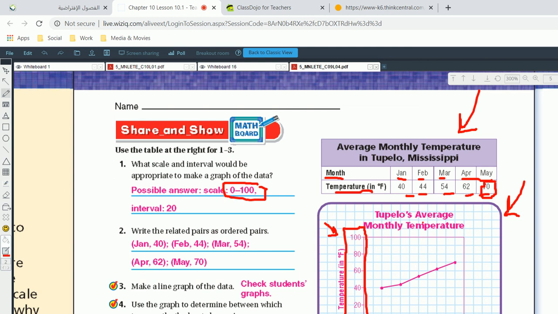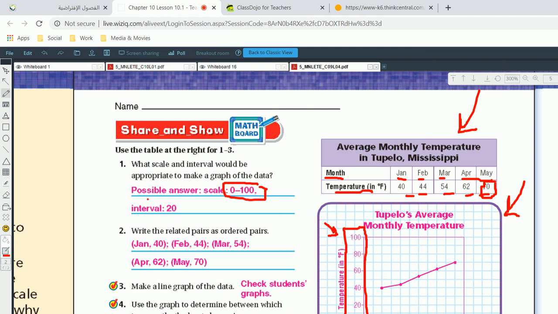If you write 1, 2, 3, it's not working because it goes till 70. You can write 5, 10, 15. If you write it as 5, 10, 15, it works, but the graph will be bigger.